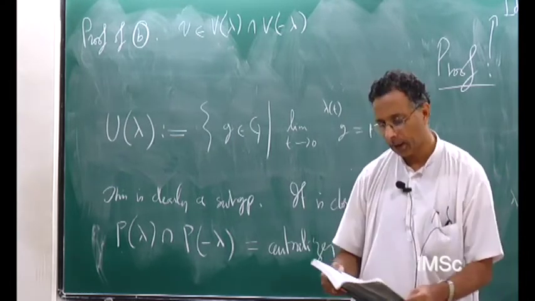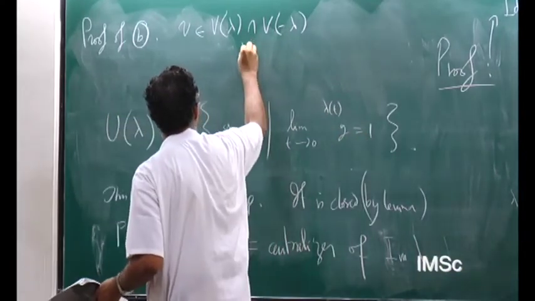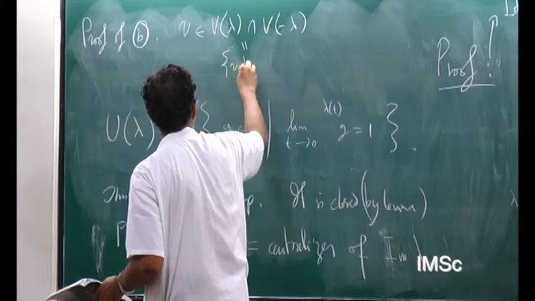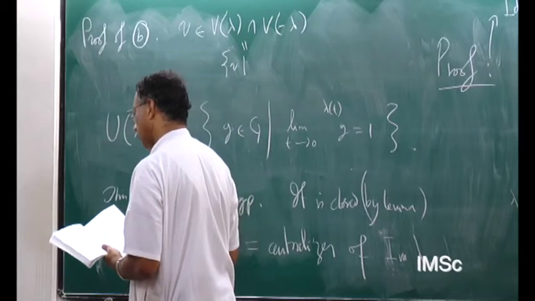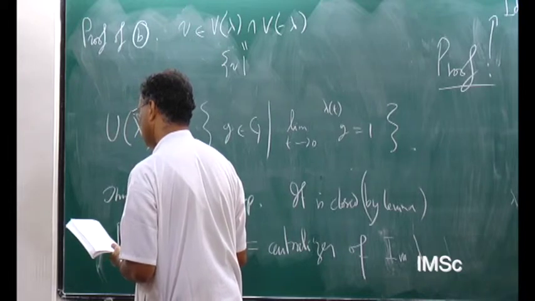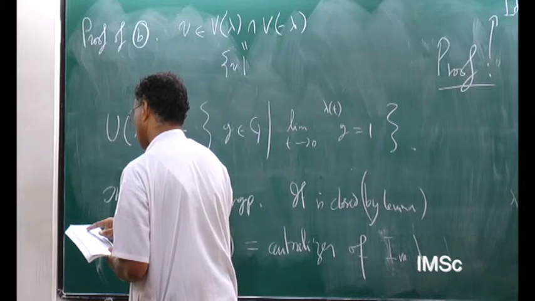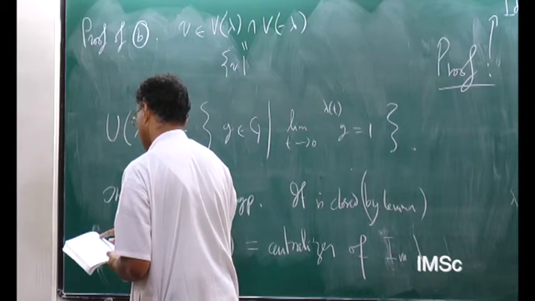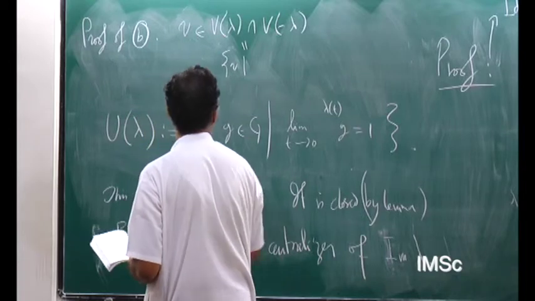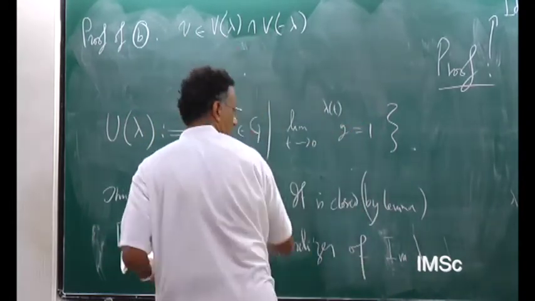Okay, so V lambda is the set of V, so he writes this is equal to the set of V that is annihilated by all V chi. There is something to be seen.